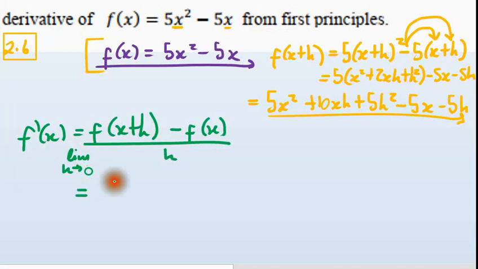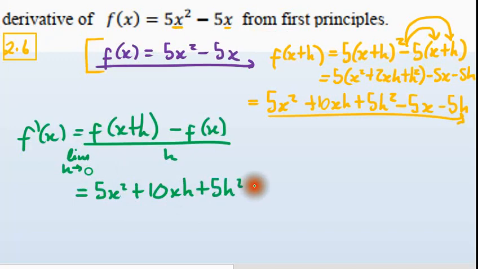You solved this already right there, right? So you're just gonna substitute it. It's going to be 5x squared plus 10xh plus 5h squared minus 5x minus 5h. There I am again, robbing the situation.